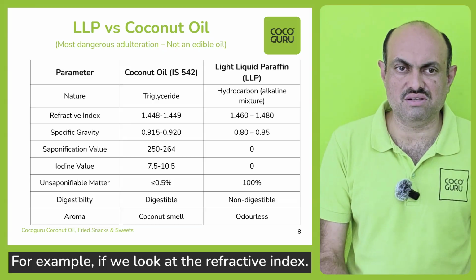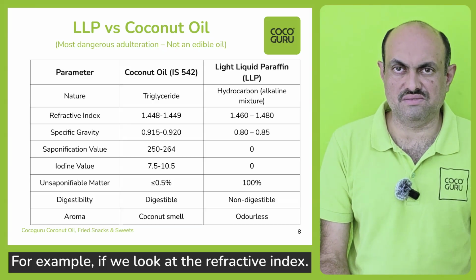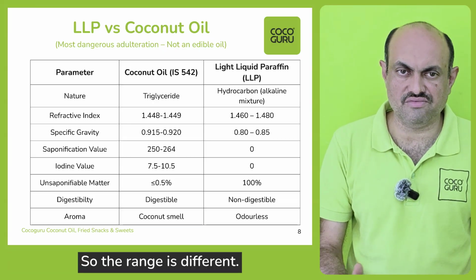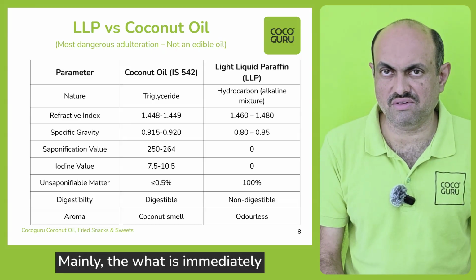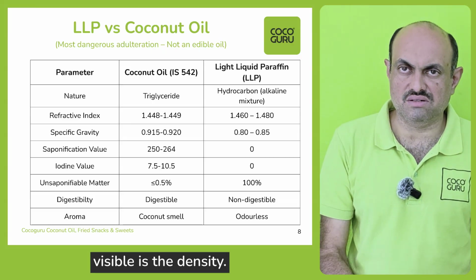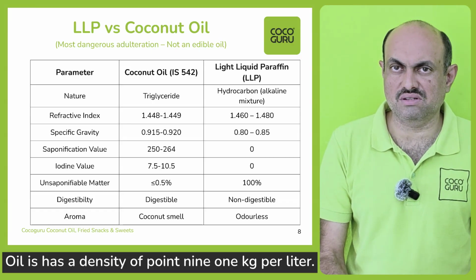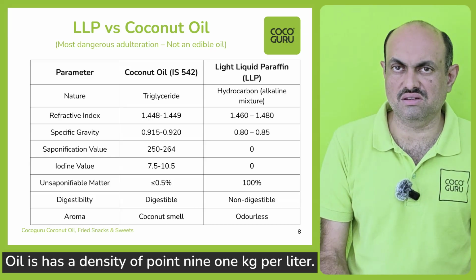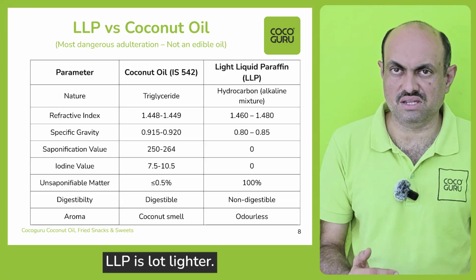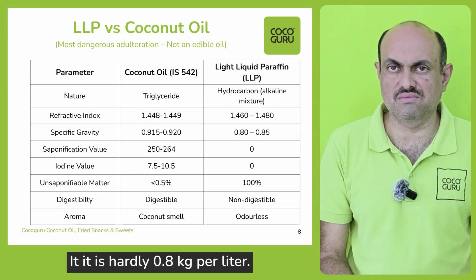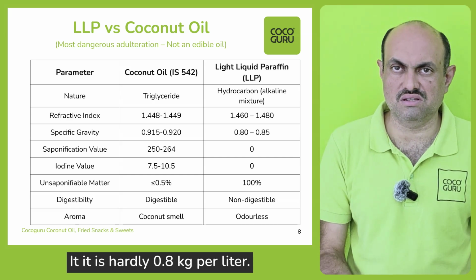For example, if we look at the refractive index, the range is different. Mainly, what is immediately visible is the density. Coconut oil has a density of 0.91 kg per liter. LLP is a lot lighter. It is hardly 0.8 kg per liter.